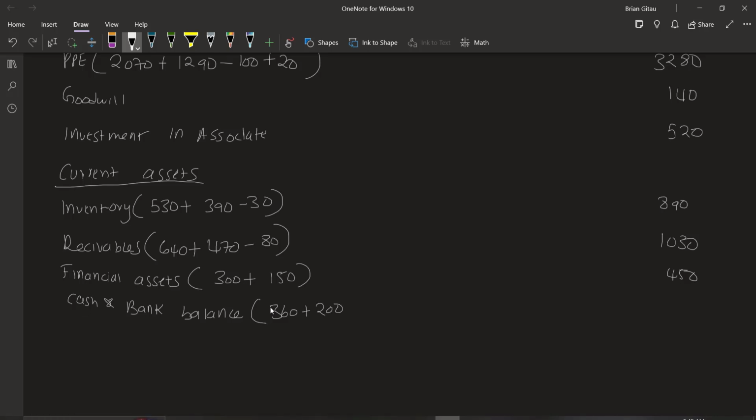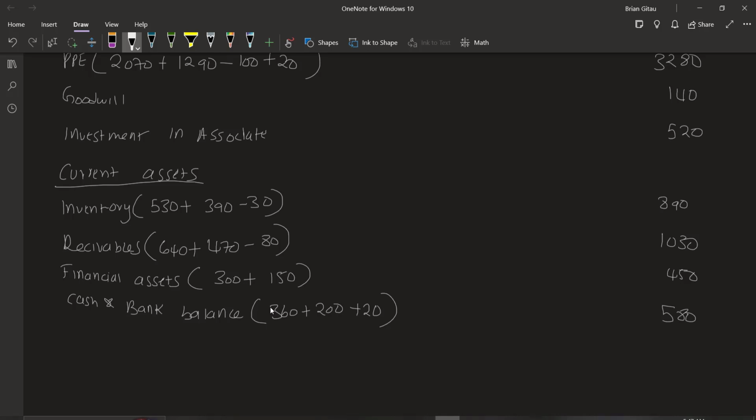We also have cash in transit from additional information number 5. We have included in the trade receivables 80 million due from SAI, and in the books of SAI Limited, the amount due to River was shown as 60. And SAI Limited had remitted 20 million. So that 20 million is not recorded, so we will need to include it there. So we have 360 plus 200 plus 20, we have it as 580.